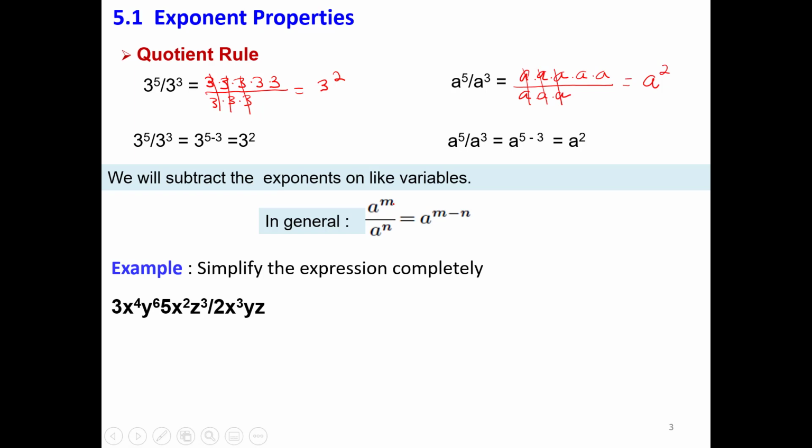Exponents can be positive or negative, but always the rule is we subtract the exponent in the numerator minus the exponent in the denominator. Always. It's this one minus this one. Always we need to apply this rule.